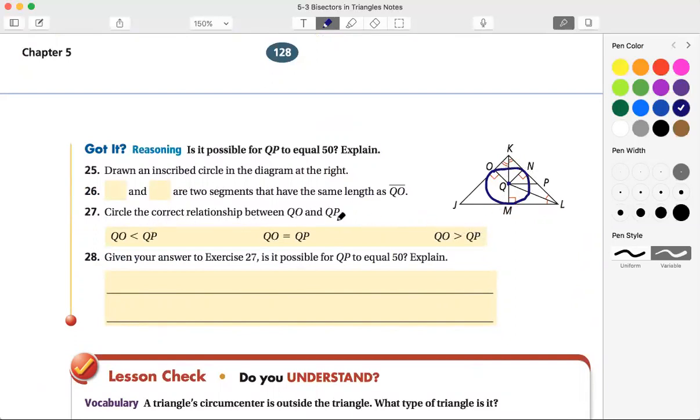Circle the correct relationship between QO and QP. QO is less than QP. So the radii measure 61.